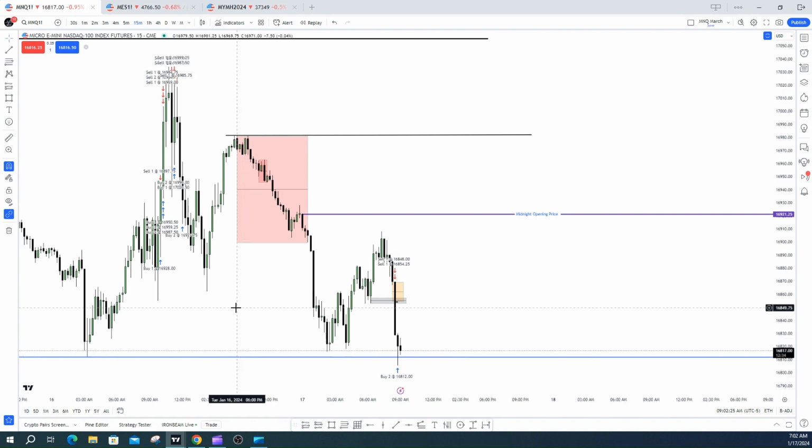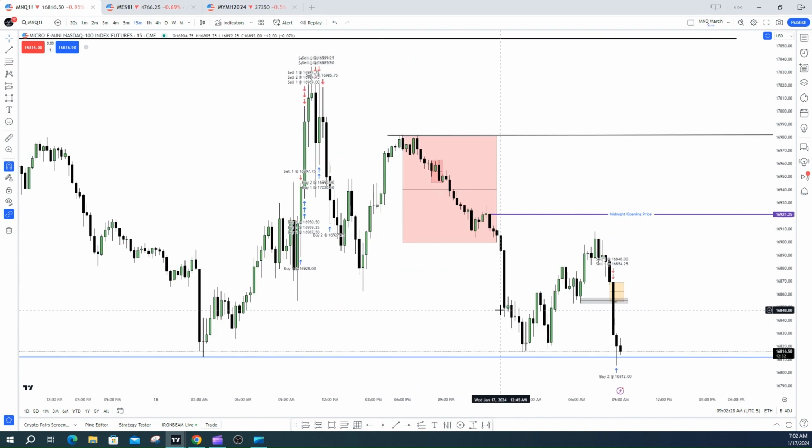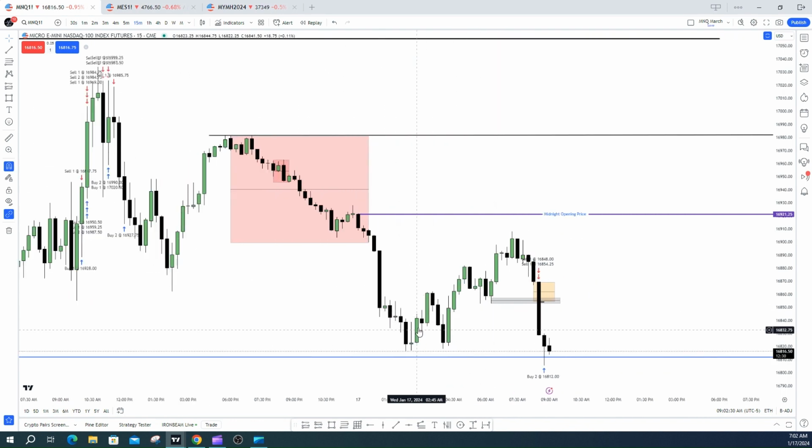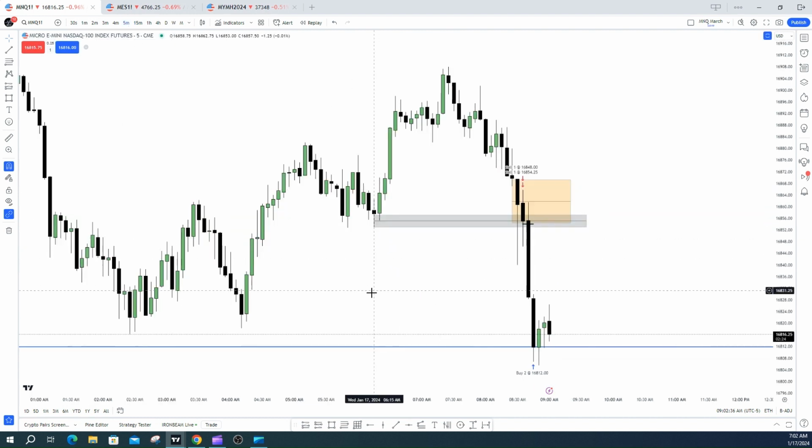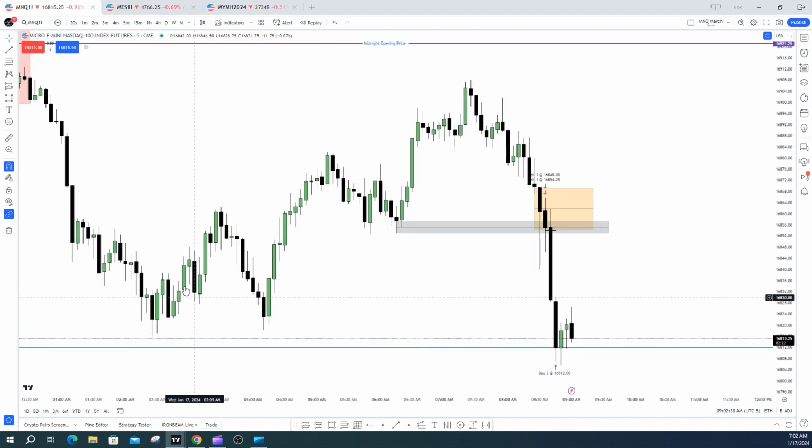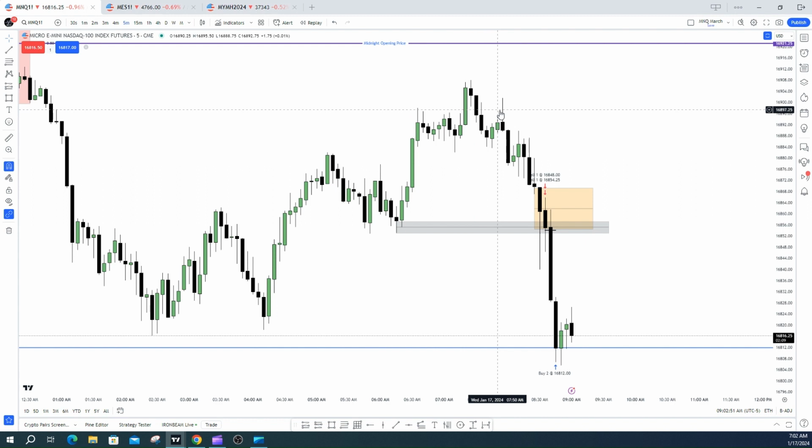We're going lower. And essentially what you're seeing right here is a 15-minute time frame market maker sell model. So if we go to the 5-minute time frame, you'll see the original consolidation, a move back into the consolidation, first price leg, second price leg, a smaller one, and then a smart money reversal right here where this failed to make a higher high.